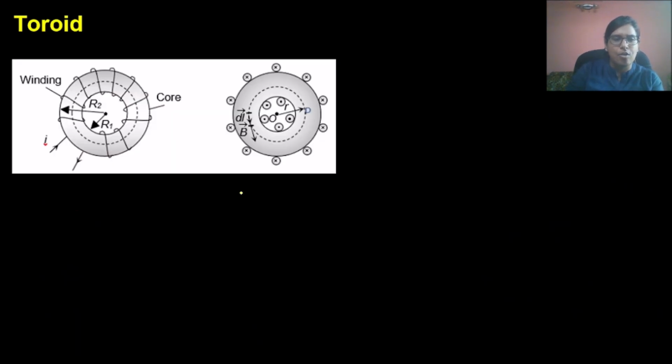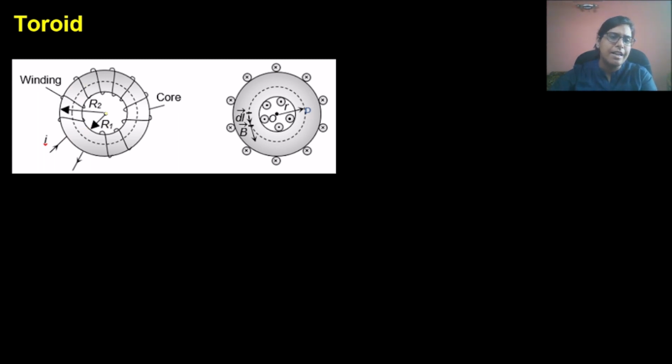Now we will study about toroid. So in toroid, if we join both ends of the solenoid, we will find the toroid. So toroid is actually in this shape and the insulated wire is tightly and closely bound around this shape, right?